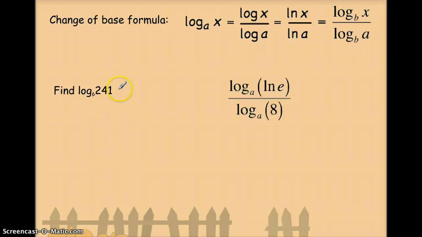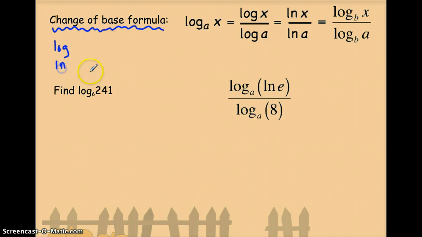This is the last thing. It's called change of base formula. It used to be really important before we got the new calculators. On the older TI calculators like TI 84, TI 83, they couldn't do log base 6. They could only do log base 10, which was just log, or log base e, which was natural log.